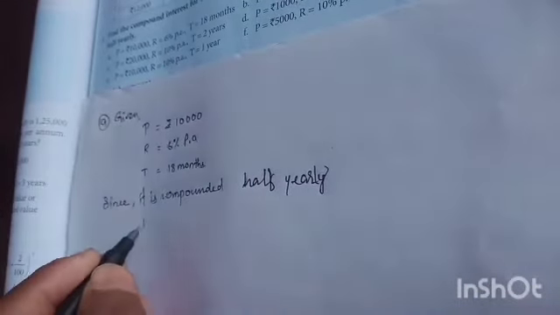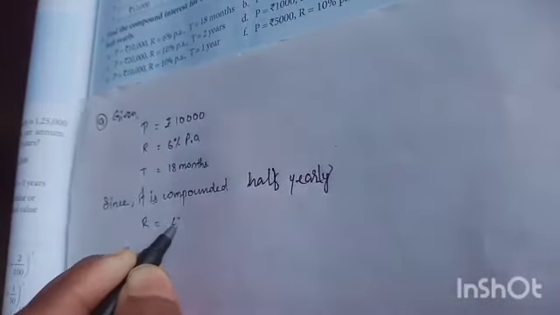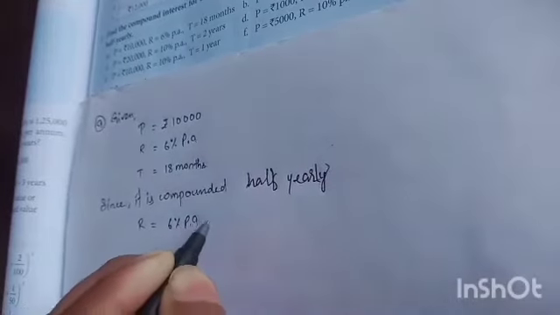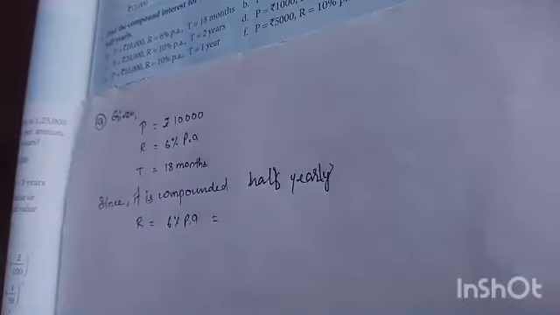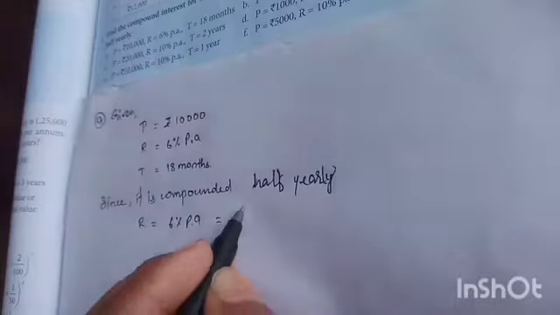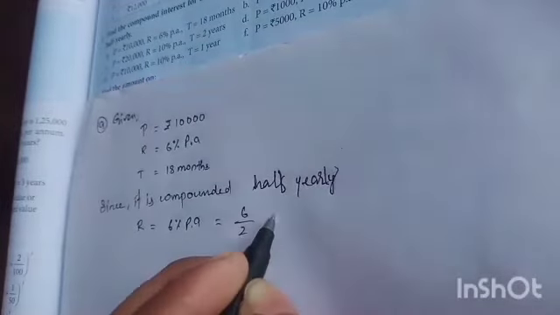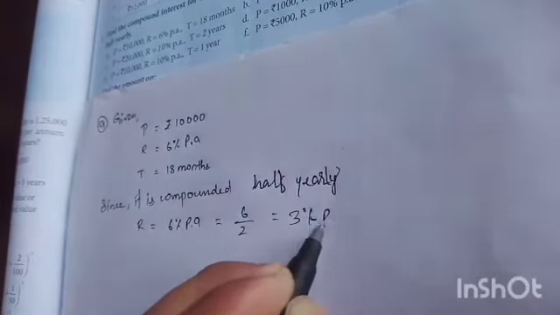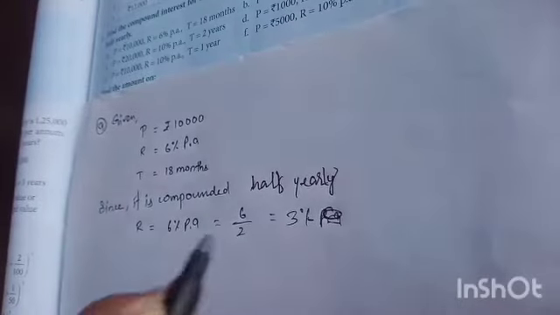R is given as 6% per annum, that is per year. If in 1 year the interest is 6%, then for half year we have to divide it by 2. So it will be 3% per half year.